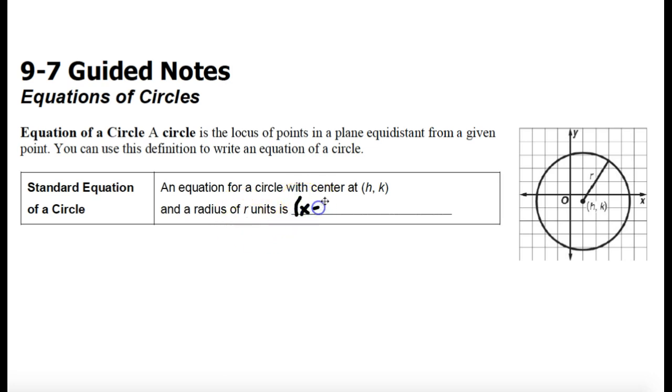We can write the equation of a circle like this: (x - h)^2 + (y - k)^2 = r^2. This formula will plot every single point that is a distance of r away from a certain center (h, k). So let's do a couple of quick examples of writing an equation of a circle.